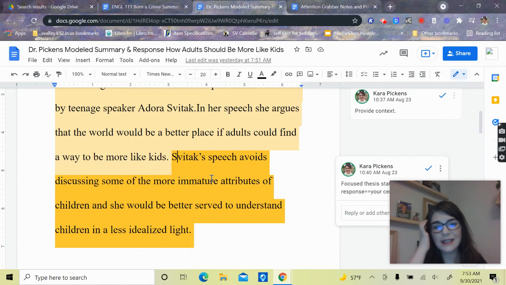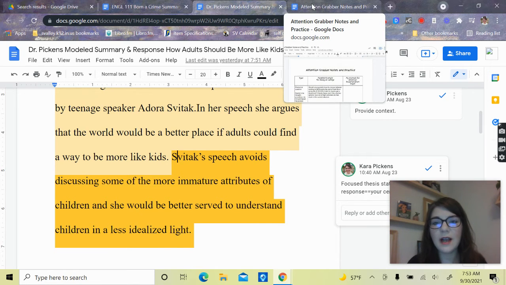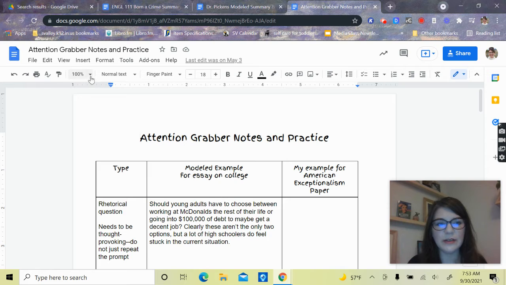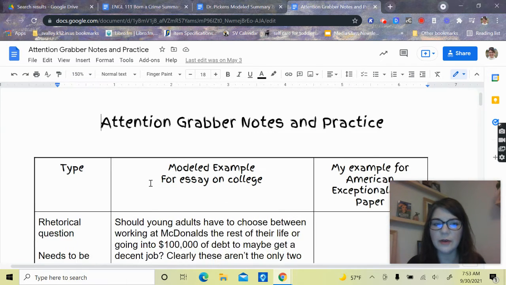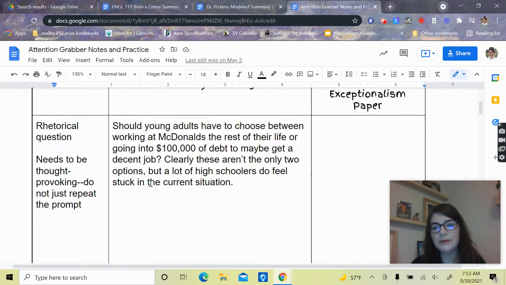All right, lastly, I just want to look at attention grabbers really quick, and we'll be working on these more throughout the year, but there are a couple different types of attention grabbers that you can use, and I have a longer video for this if you want to use it, but I just want to go over it briefly. One type of attention grabber is asking a rhetorical question. This is a question that doesn't have an answer, but it's used to be thought-provoking. Now, if you're doing this, do not just repeat the prompt, okay?